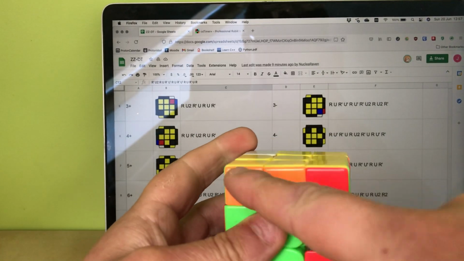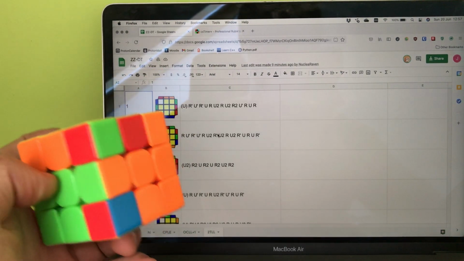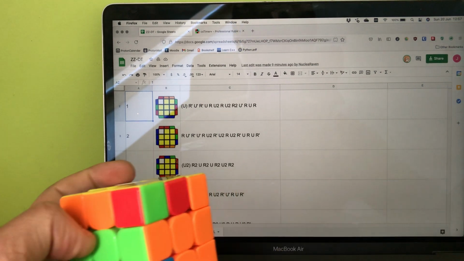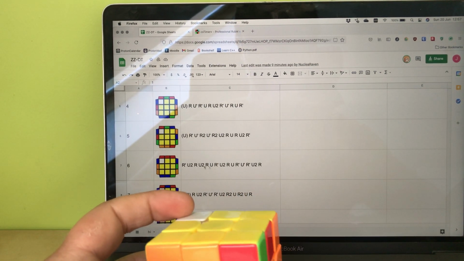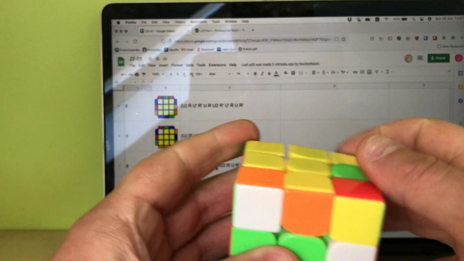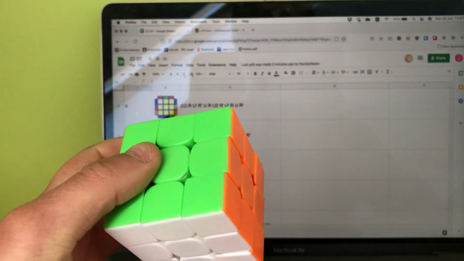And then look, opposite, adjacent. So this can be solved with a 2-gen TTLL. Let's see which one it is. So you've got opposite there, adjacent there, which turns out to be number 6 here. So the alg is R prime U2, R U2, R U R prime U2, R U R prime U prime. Done, or 2-gen.